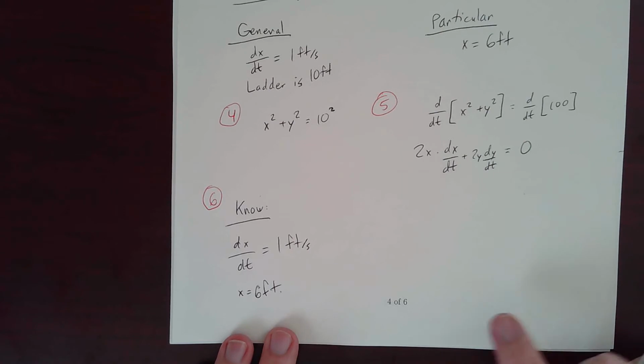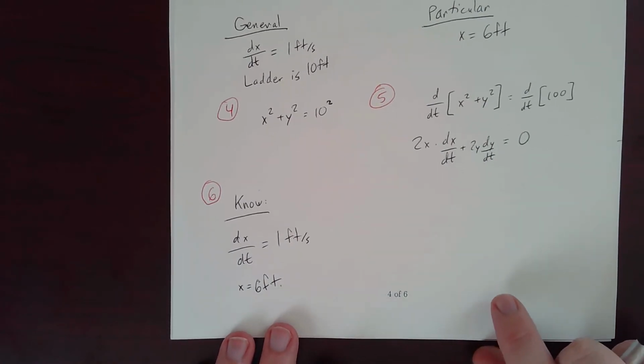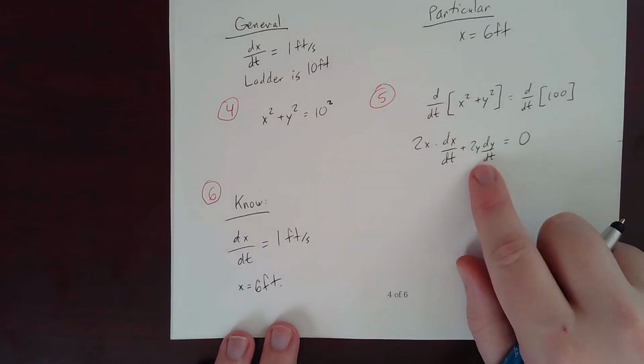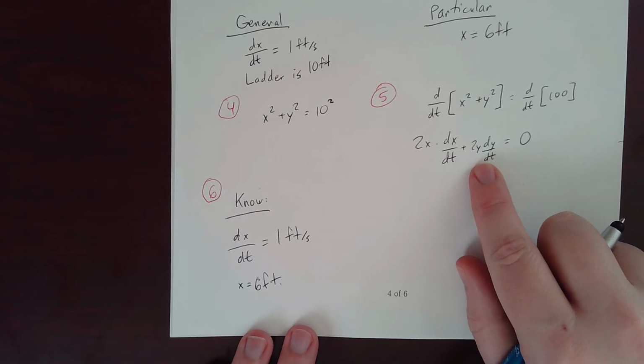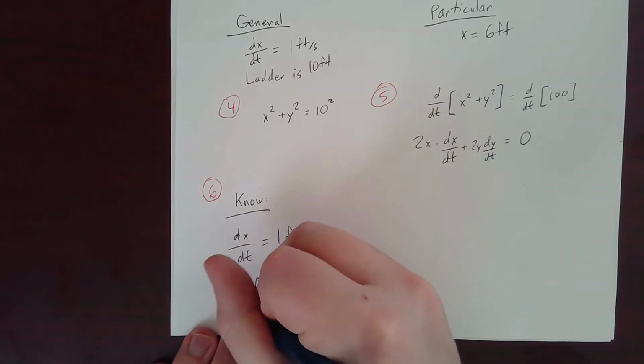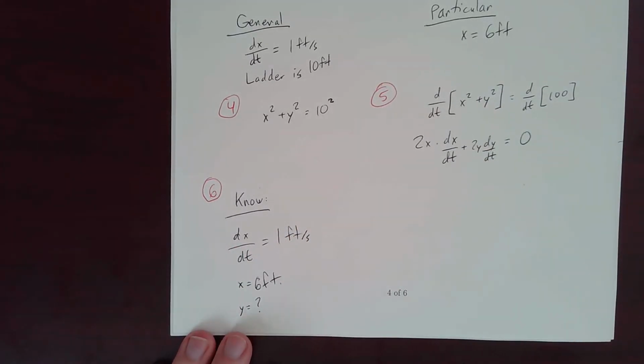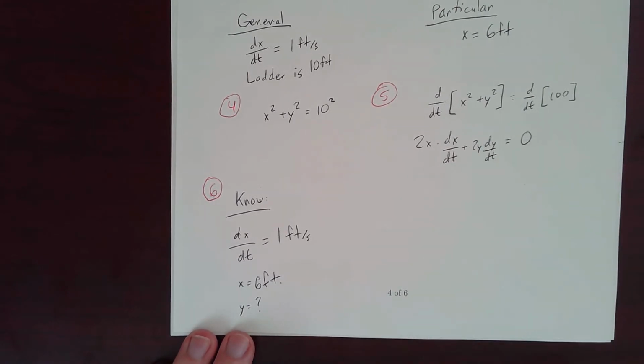The thing we want to solve for in this problem, though, is dy/dt. And so the only thing we don't have that we could really use is y. So we're going to need y in order to figure out how to solve for dy/dt.